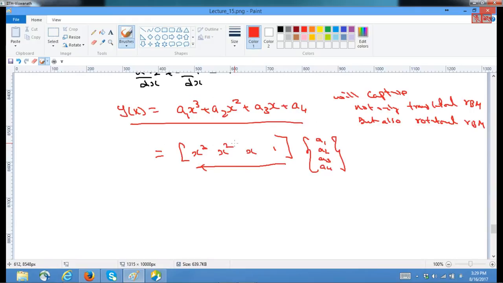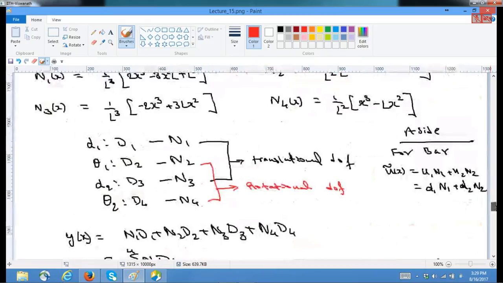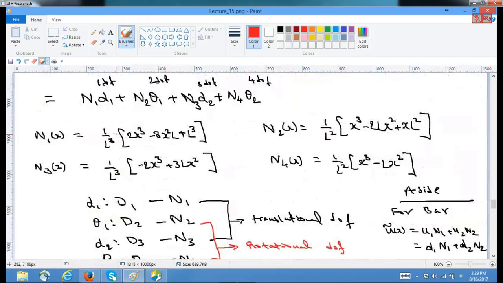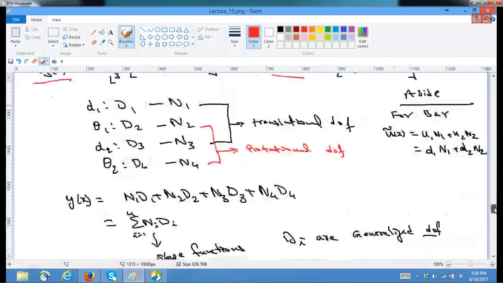So knowingly or unknowingly, we showed that if we take y tilde of x equals a1 x cube plus a2 x square plus a3 x plus a4, our shape functions are given by these, which are nothing but n1, n2, n3, and n4, the shape functions for a linear beam element.